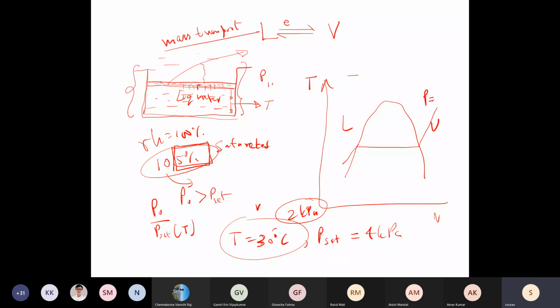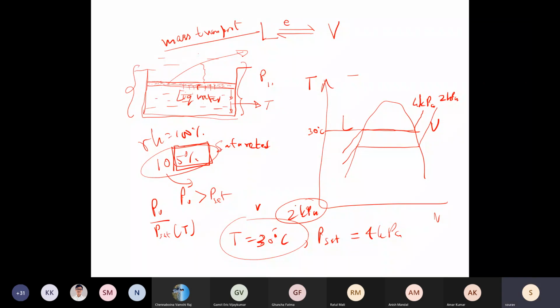So let's say this is the isobar for 2 kPa. And this is the isobar for 4 kPa. So this temperature will correspond to 30 degree because 4 kPa is the saturation pressure at 30 degree for water.